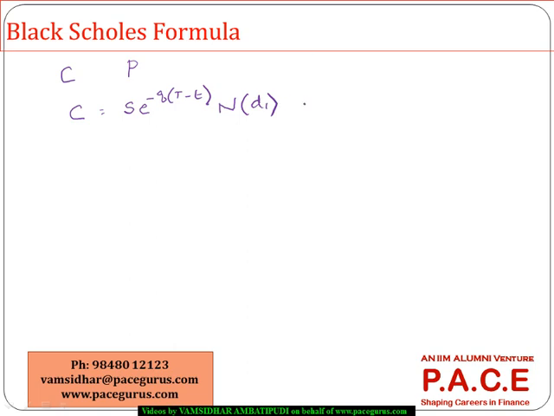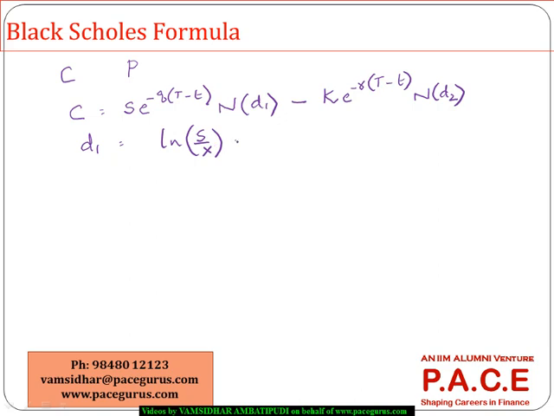distribution of a standard normal variable, N(d1), minus the strike price, the present value of the strike price, times N(d2), wherein I am talking about d1 and d2 as log S by X. The logarithm of it follows a normal distribution.